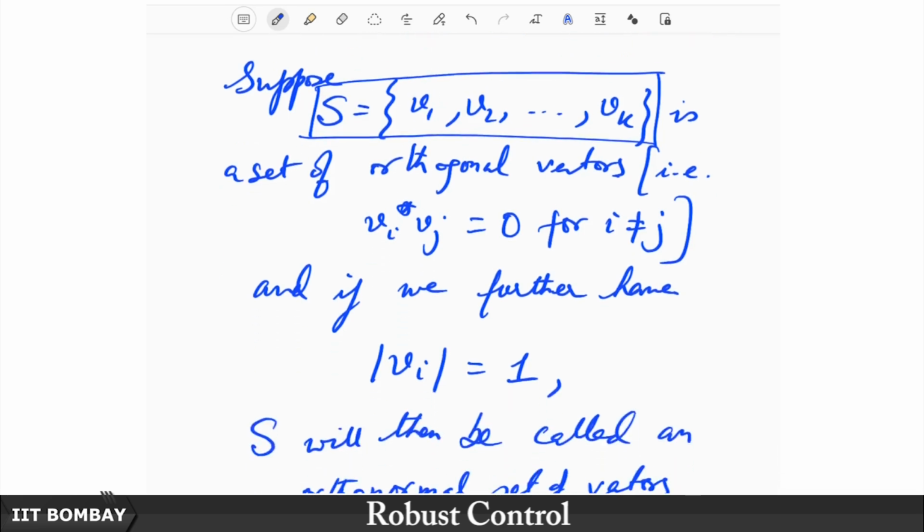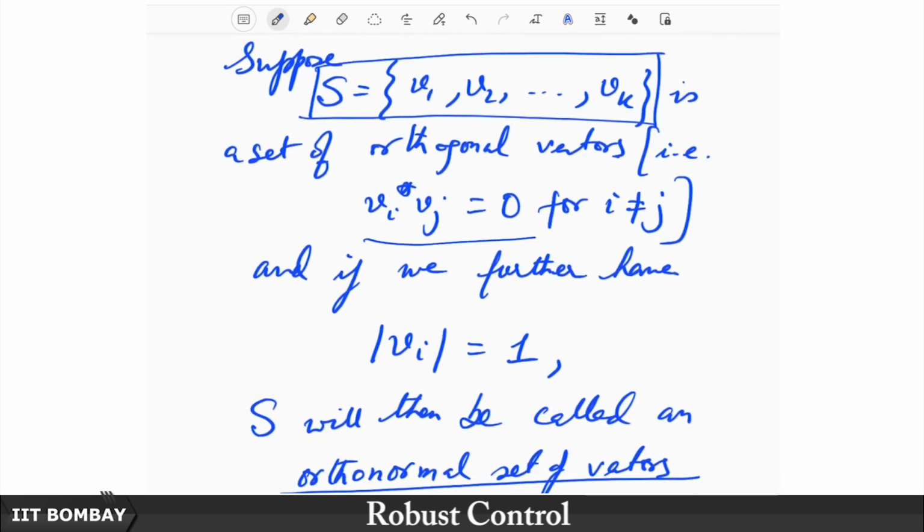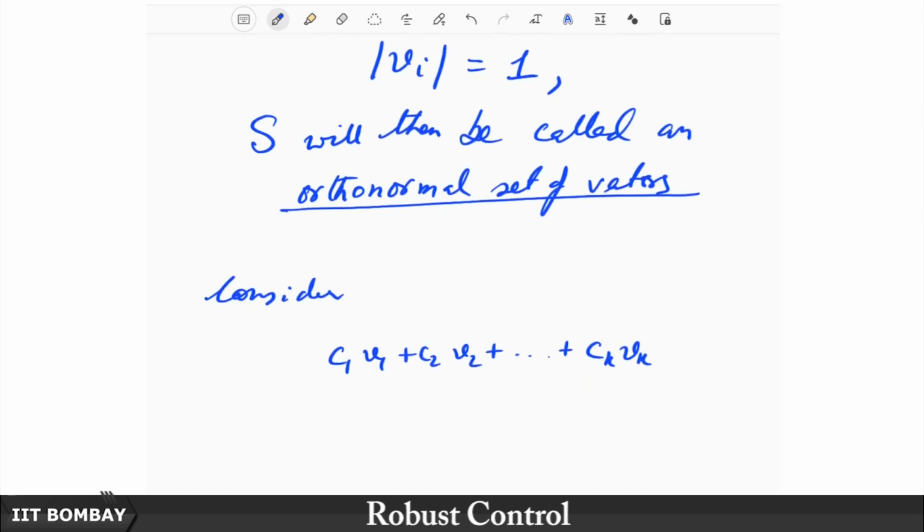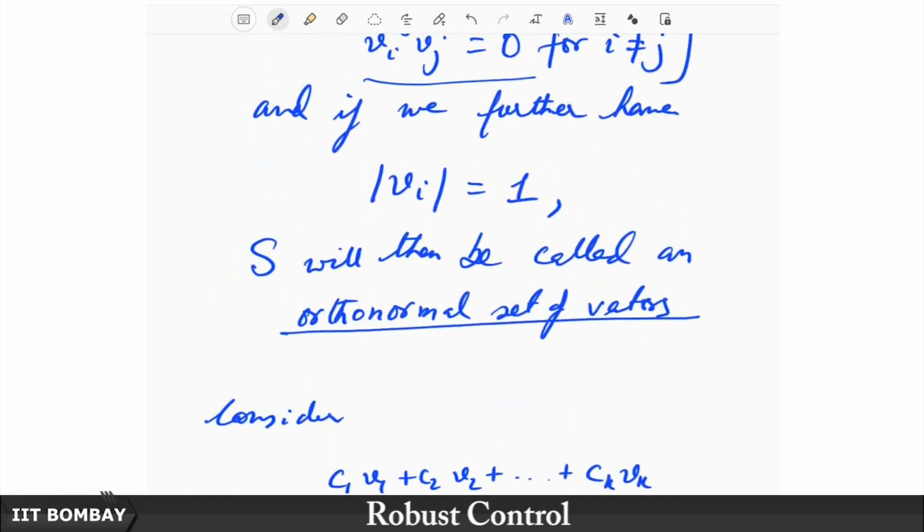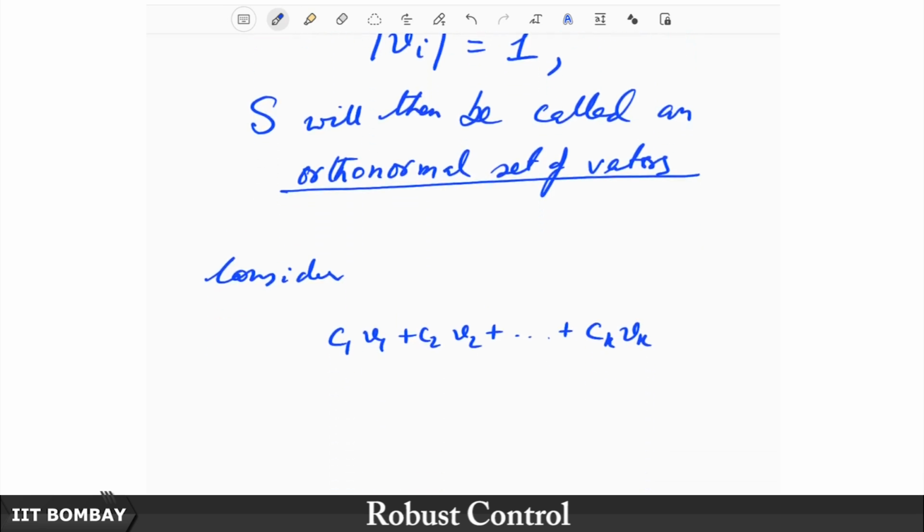Whenever i is not equal to j, the inner product of Vi with Vj happens to be 0. Now in addition we are imposing this orthonormality condition, that is, each of those vectors has a unit norm. Then what happens? Now, suppose this is equal to 0. If it is indeed linearly independent, then it must turn out that each of these Ci's, that is C1, C2, C3 through till Ck, must also be 0 under this given condition.